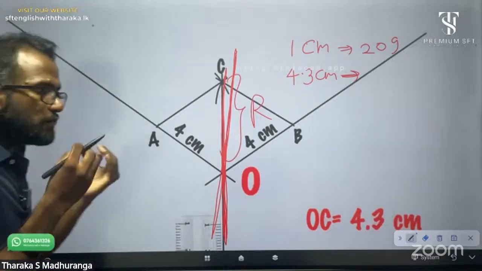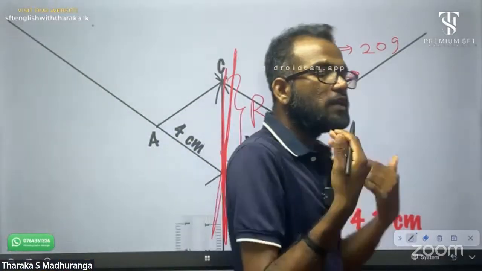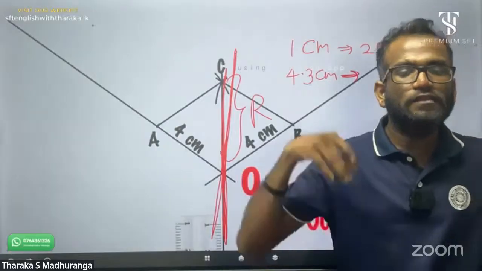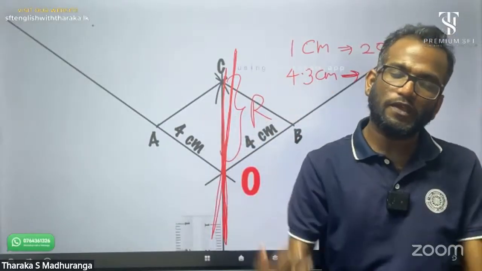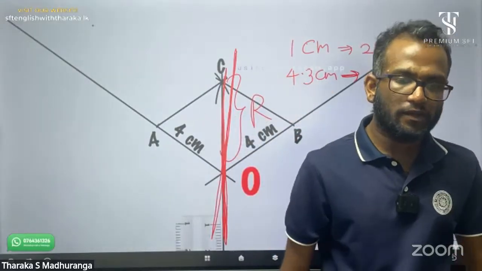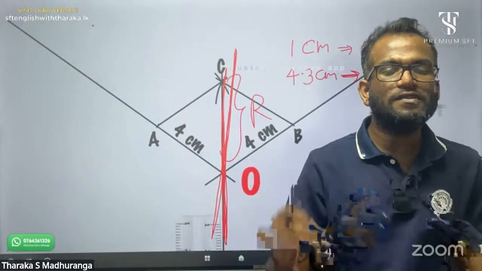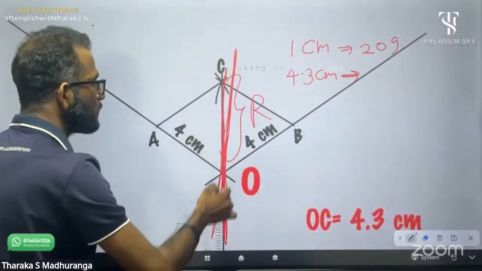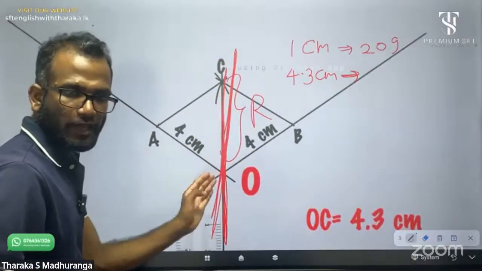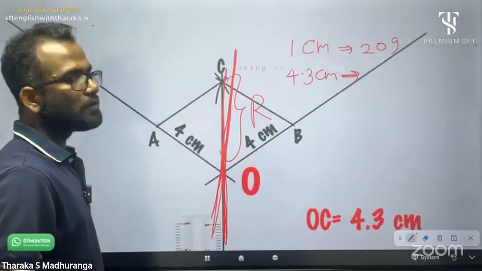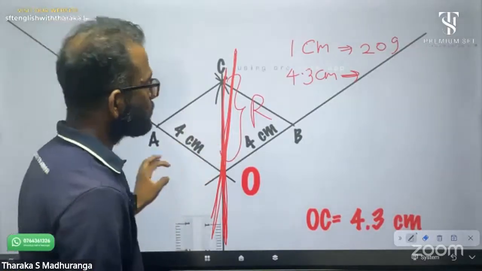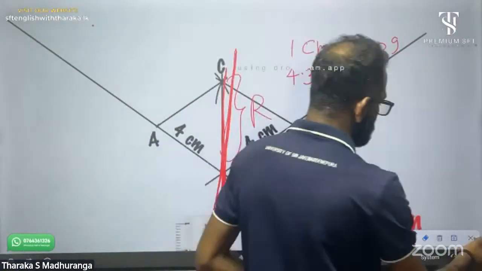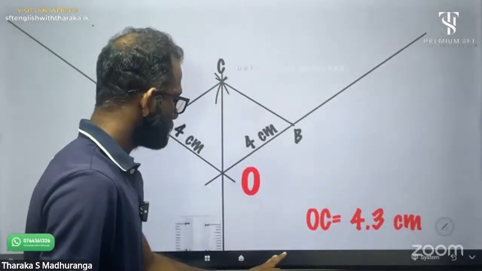The other thing, if we neglect the weight of the string, the string also contains some weight. Right? Due to these errors, sometimes this line is not coming as a single line with the diagonal. Those are experimental errors.